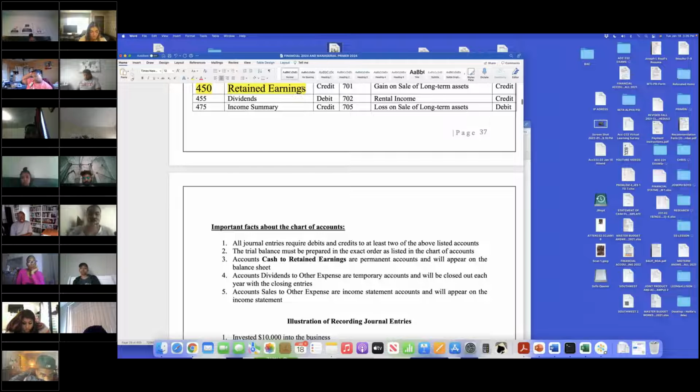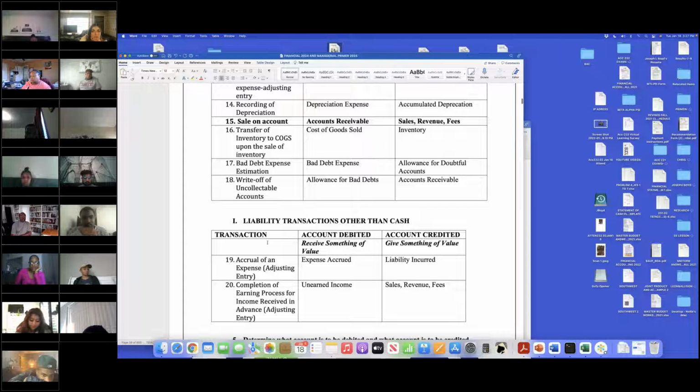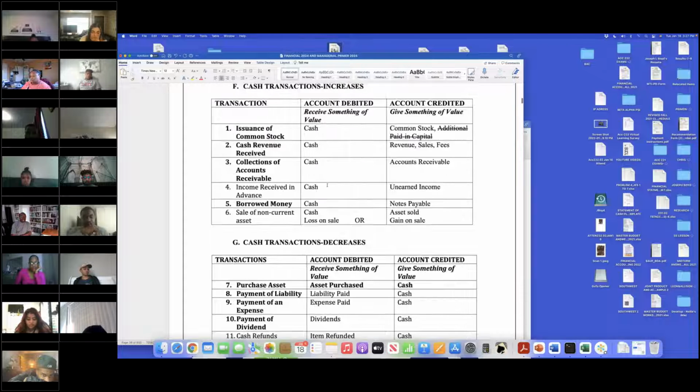First thing we do is we look into type. And we said this is a transaction type one. So our type is one. What do we debit in a one? We debit cash, and the cash account number is 100.